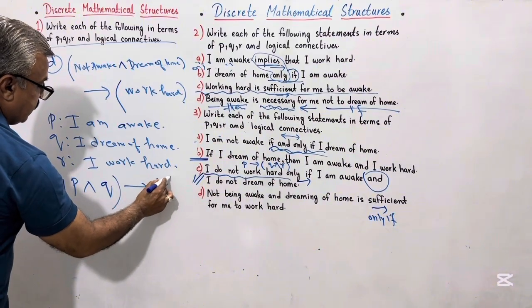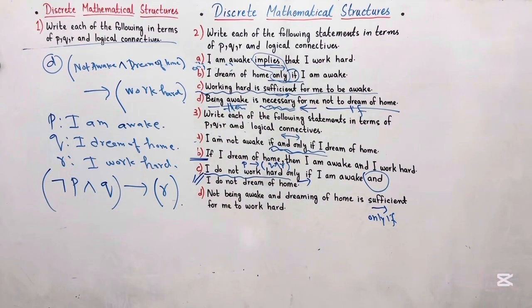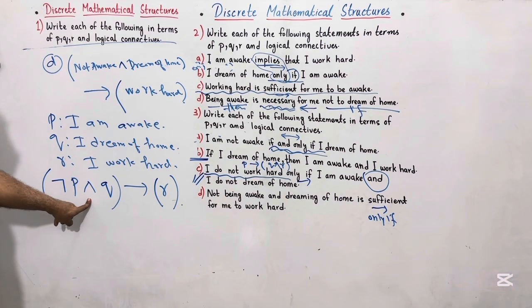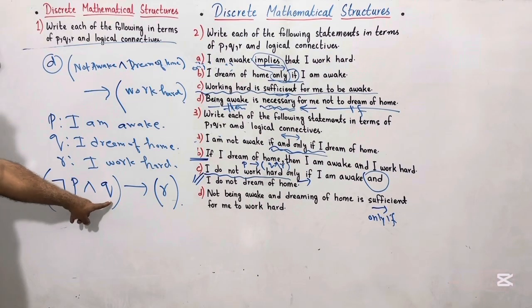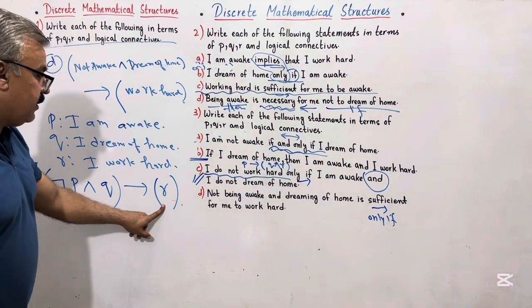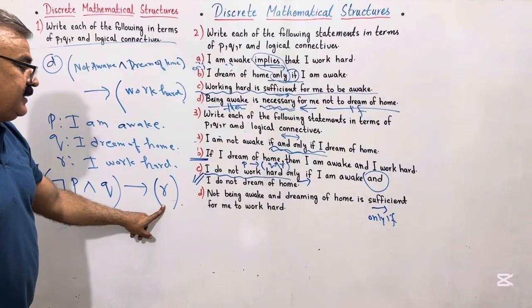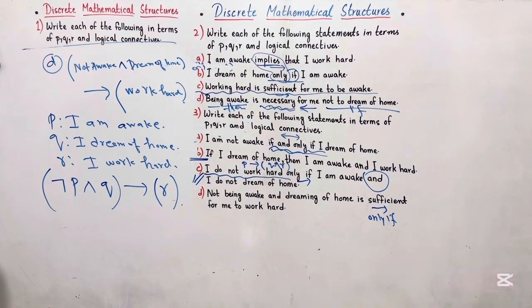Sufficient for working hard implies R. Not being awake and dreaming of home implies that I work hard.